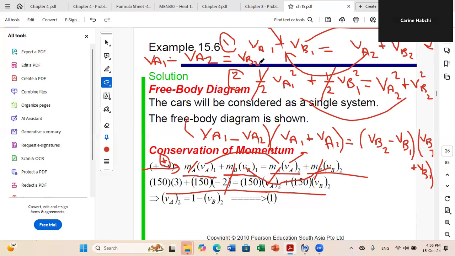These two terms are equal. So from conservation of linear momentum, you can deduce that this term will cancel out with this one. They are equal. So your second equation will be VA1 plus VA2 equals VB1 plus VB2.